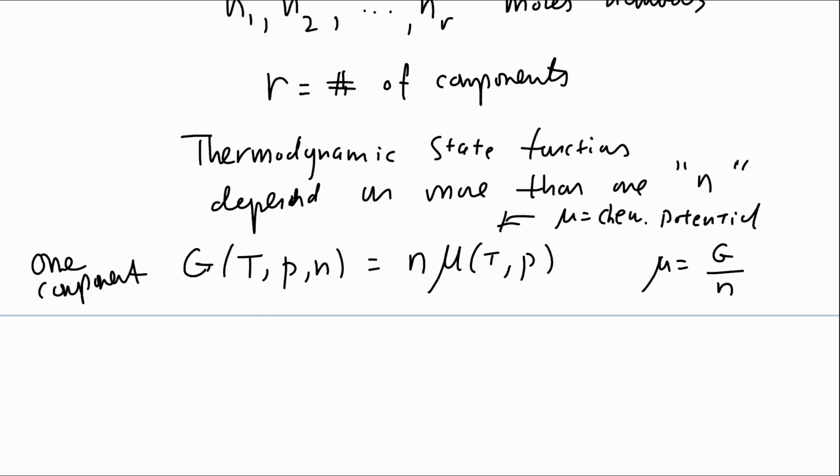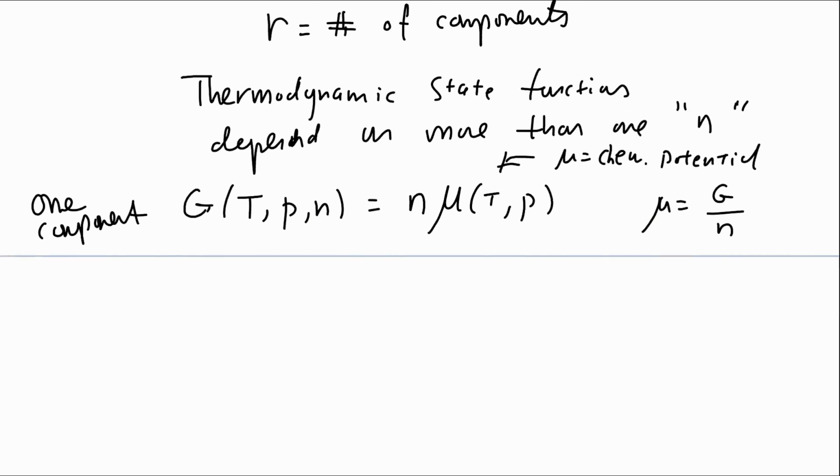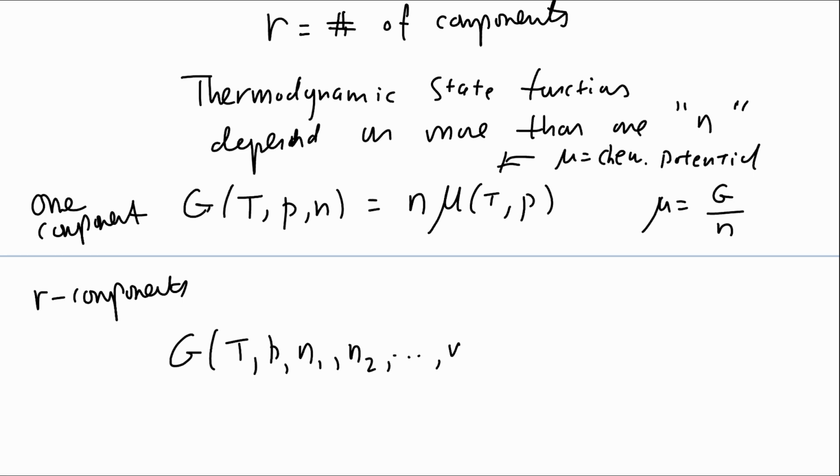It was simple because if I had 3 moles of an ideal gas, I have my G's and my U's and my H's and whatever, A for good measure, and for the molar quantities I just divided by the number of moles. So that was pretty simple. But for R components, G is a function of all the mole numbers, like that.